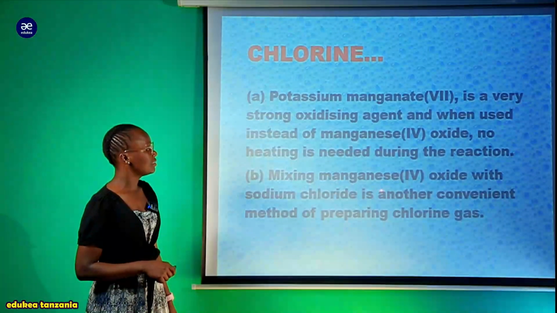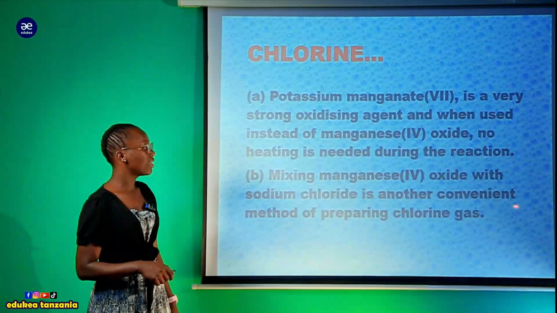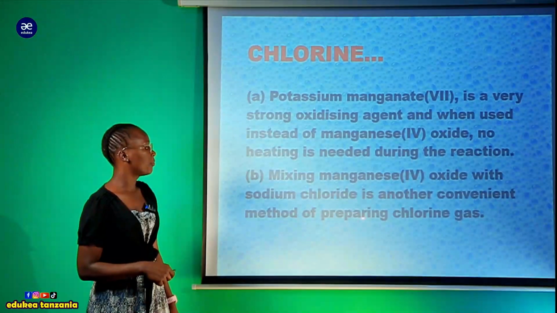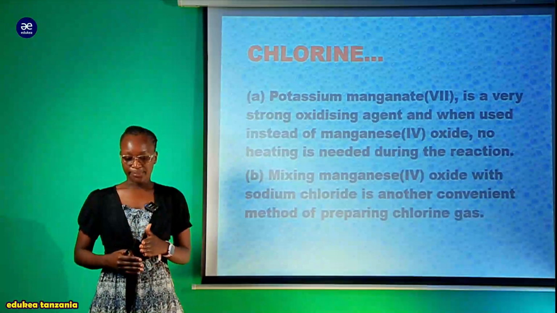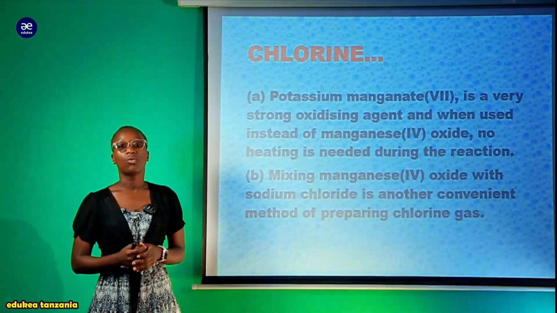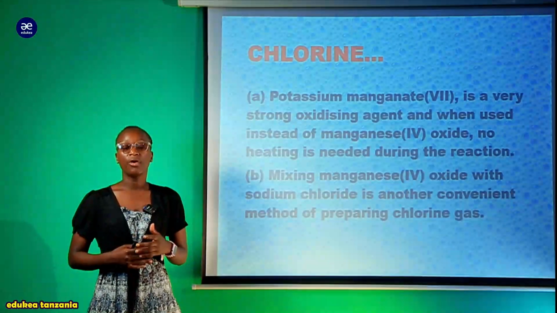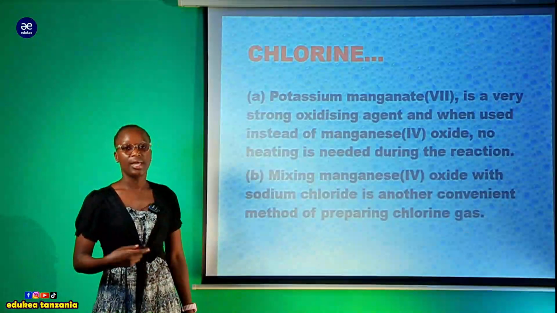Also, mixing manganese(IV) oxide with sodium chloride is another convenient method of preparing chlorine gas. Kwamba tukichukua mixture ya manganese(IV) oxide with sodium chloride, vile vile ni njia mojawapo ambayo inapelekea formation of chlorine gas.